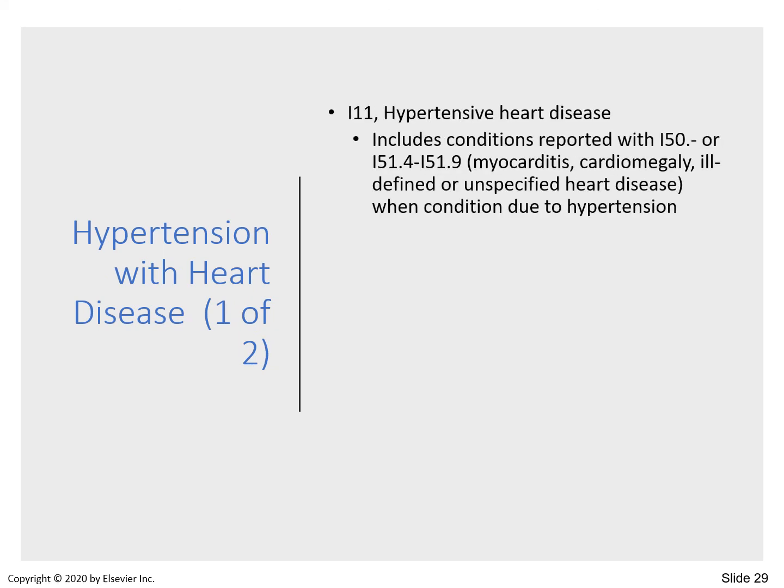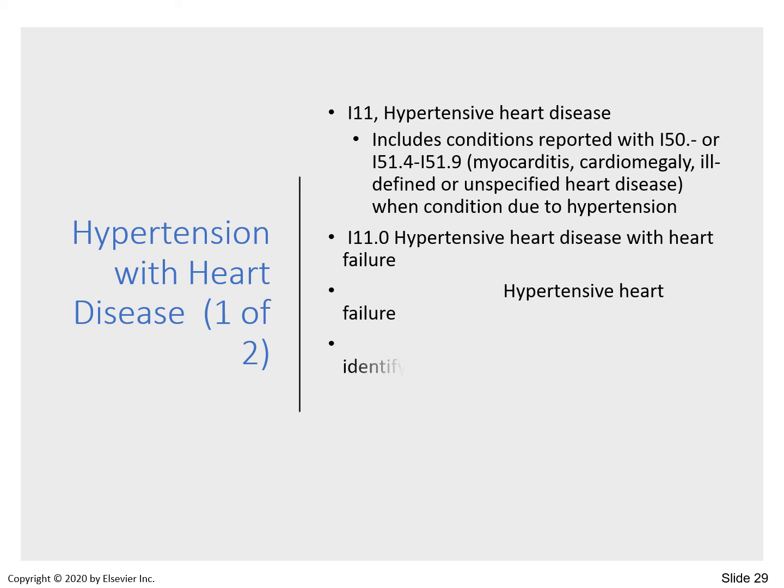So hypertension with heart disease, the code I11 includes the conditions reported with I50 or I51, myocarditis, cardiomegaly, ill-defined or unspecified heart disease, hypertensive heart disease with heart failure. This is another code that you may see quite often.